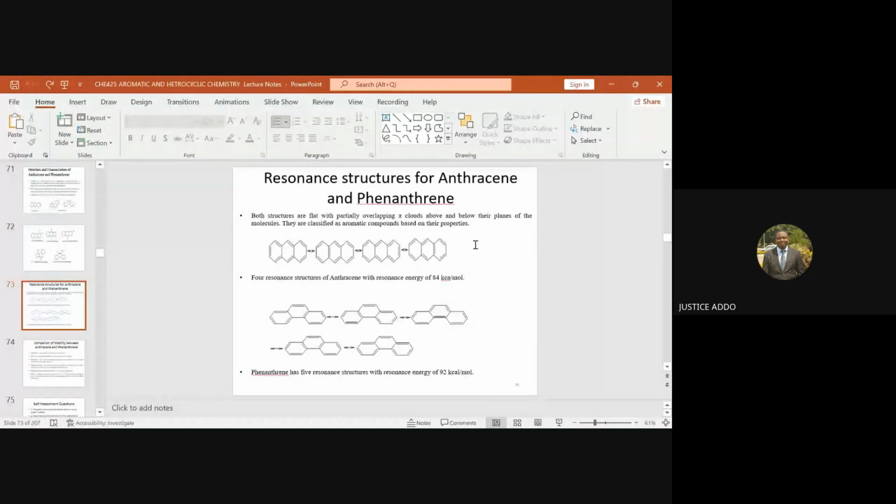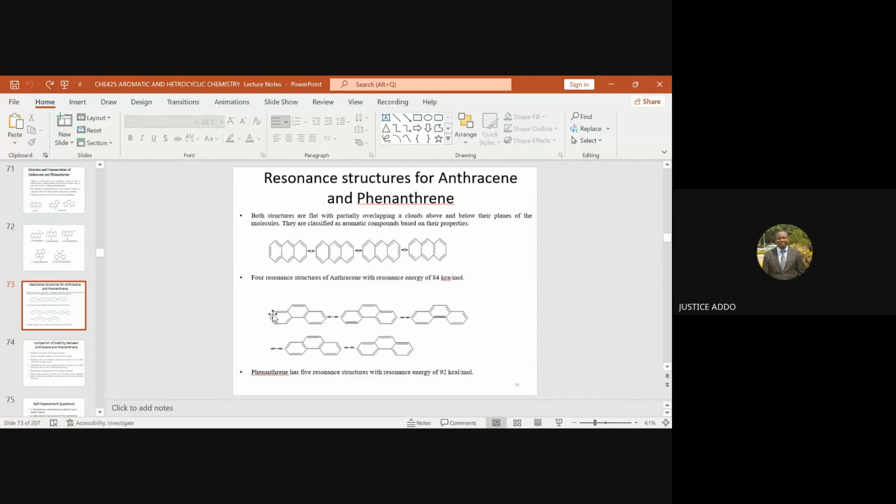When you do this kind of resonance stabilization of anthracene, you get 4 different structures, and a hybrid of the 4 represents the true structure of anthracene.